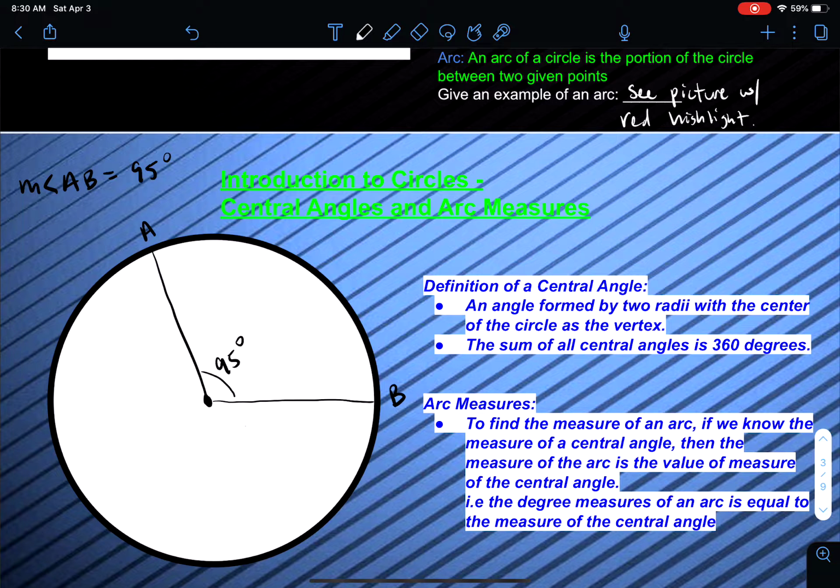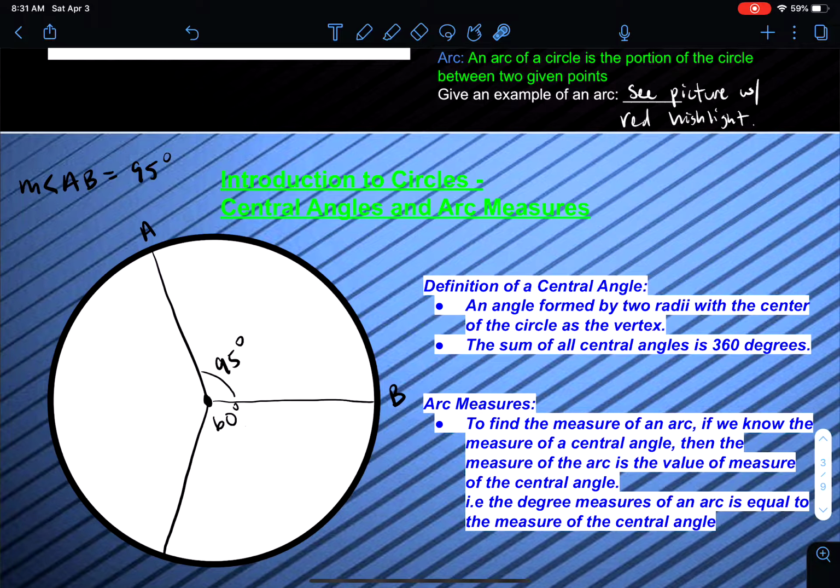Okay? Now, let's say that I want to show that I have another angle. And we say that this is 60 degrees. Okay? So, take a look at this over here. It says the sum of all central angles is 360 degrees.